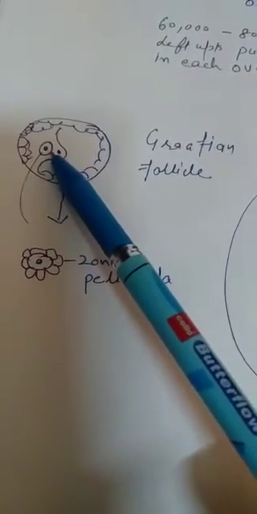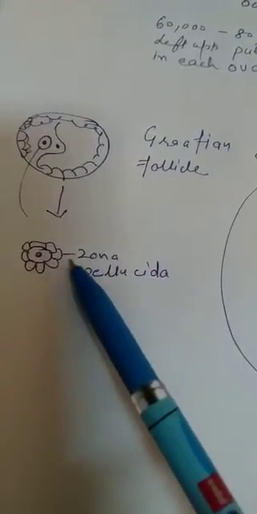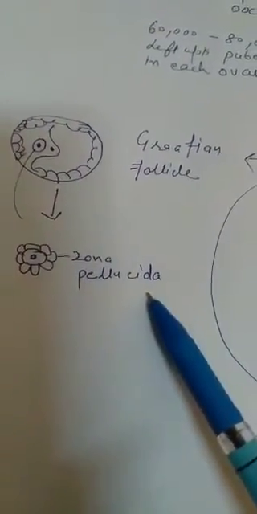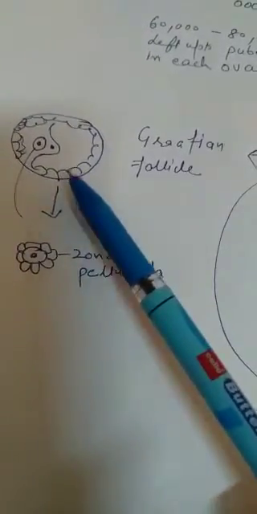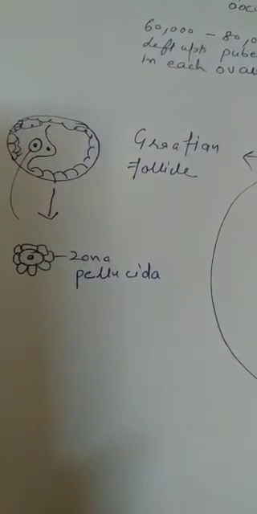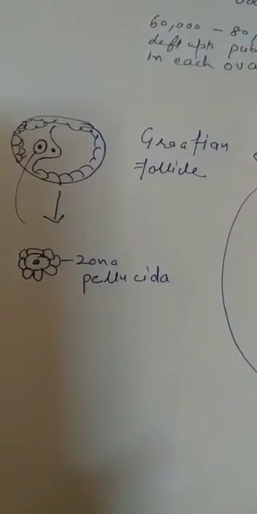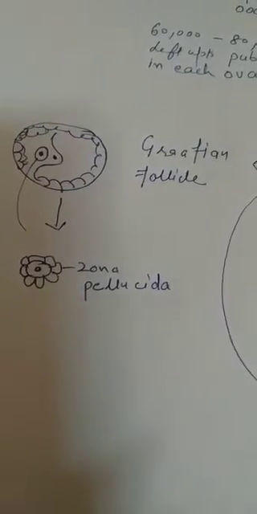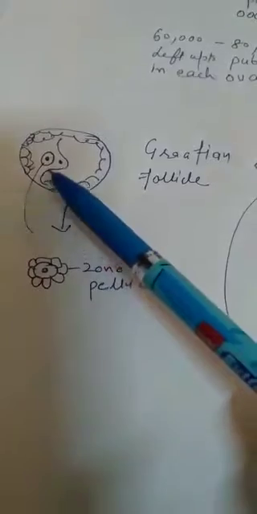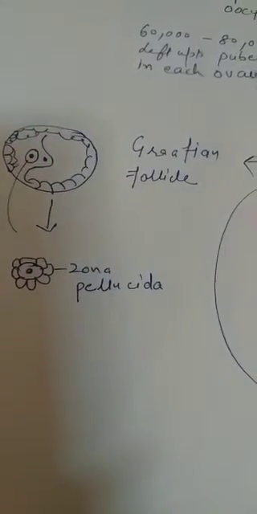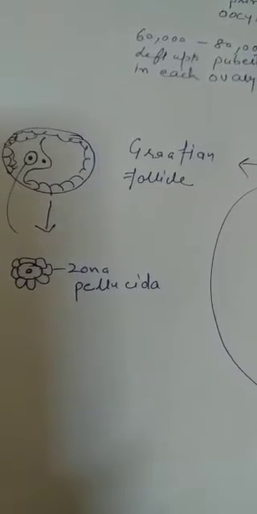Now this secondary oocyte forms one more layer, called zona pellucida, and now it is called Graafian follicle. At this stage, the Graafian follicle, you will have egg with haploid. Afterwards the outer layers of the Graafian follicle will rupture and this egg is ready to come out of the ovary, and we call it ovulation.